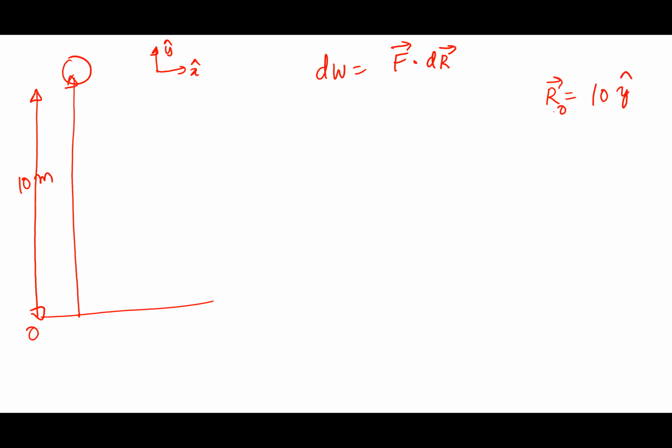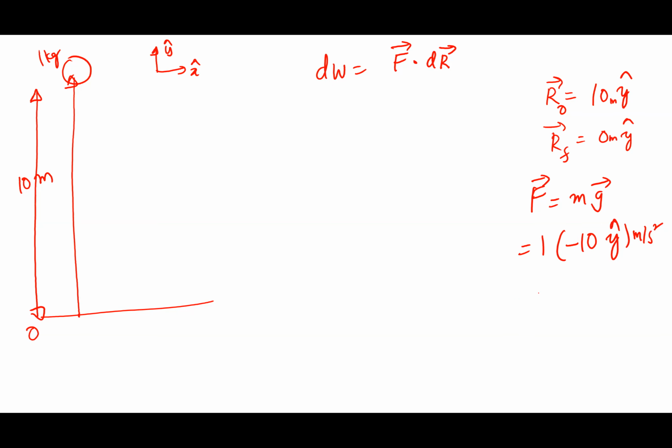And then it's coming down, and r final is going to be 0 y hat. And the force of gravity, let's say this mass is 1 kilogram, but force of gravity is mass times g vector. So that is 1 times g vector, which is, let's say, minus 10 y hat meters per second squared.